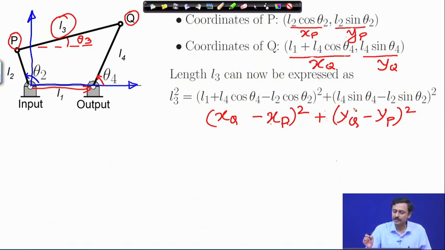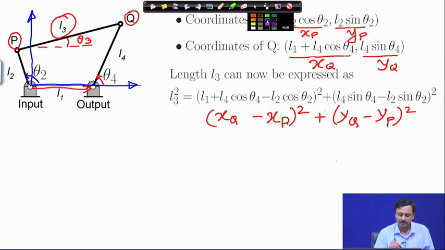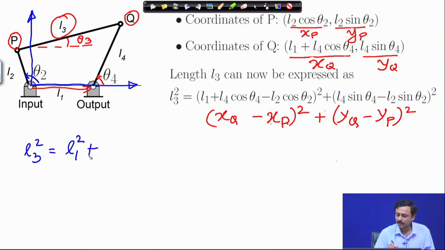Now, if you open this up, then what do you have? L3 square equals L1 square plus L4 square cos square theta 4, and from here I will have L4 square sin square theta 4. So, it is L4 square. Similarly, L2 square cos square theta 2 and L2 square sin square theta 2 will come in addition, therefore, this will become L2 square.